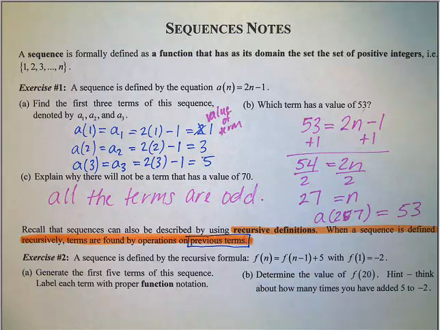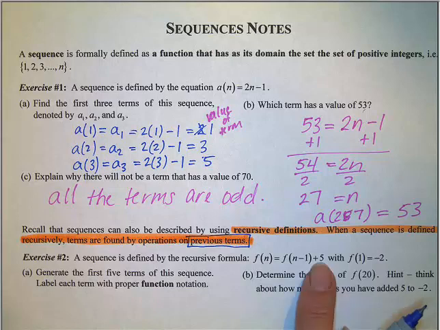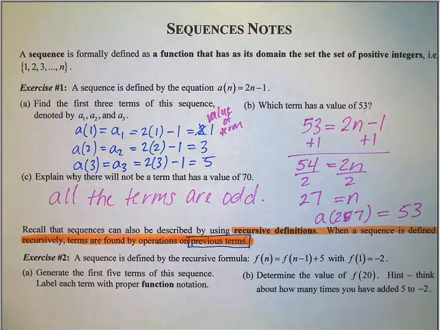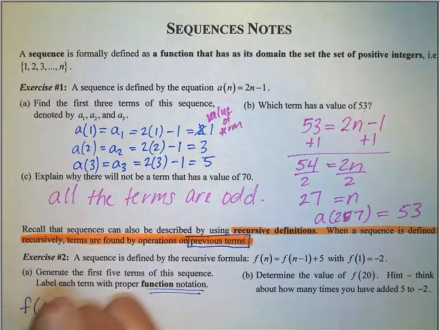So this is telling me that the first term is negative 2. So I just have to find the second term by adding 5, third term by adding 5, the millionth term by finding the 999,999th term and adding 5. So generate the first 5 terms of the sequence, label each term with the proper function notation. So f of 1 equals -2.